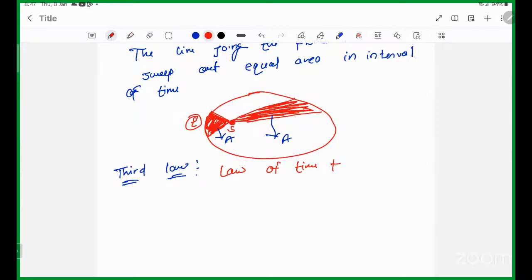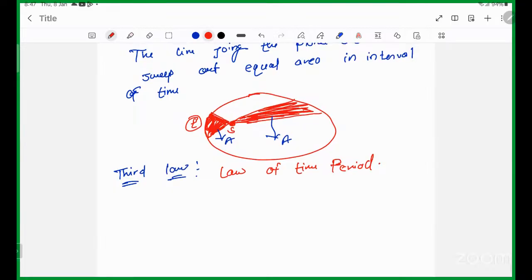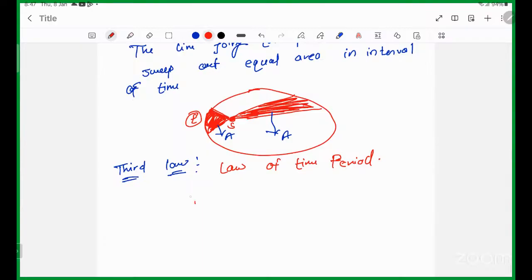The second one we were calling the law of area. In this case, the time period squared is directly proportional to r cubed, the radius.